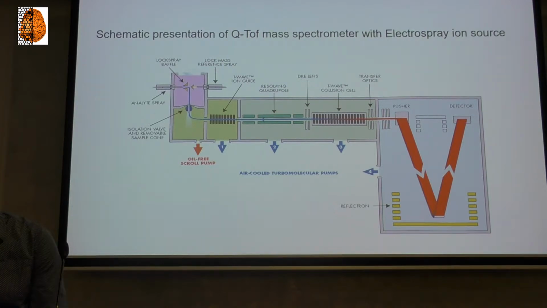This means molecular mass is usually elucidated, and determination of elemental composition is also possible, and similar things with the high resolution mass spectrometer.